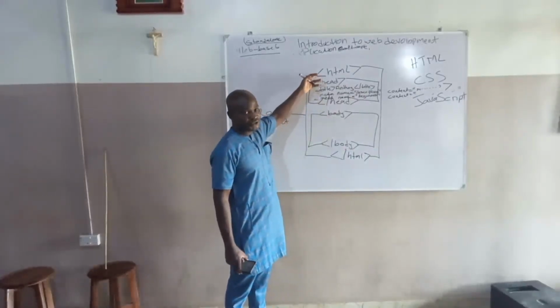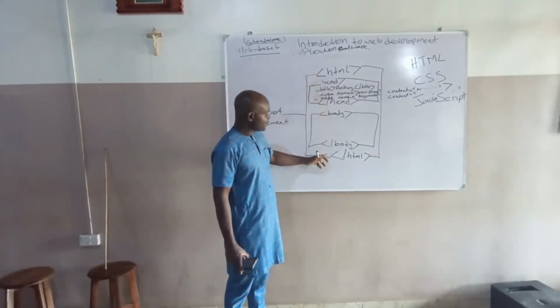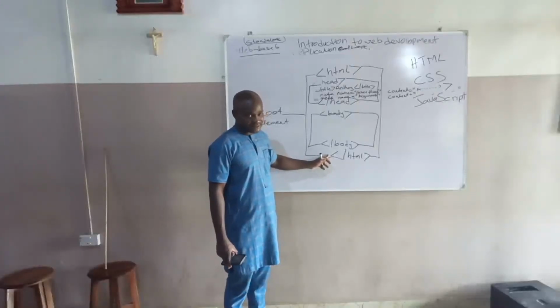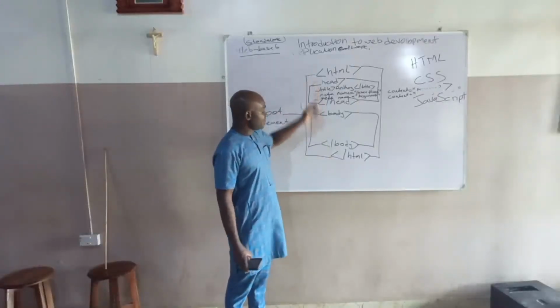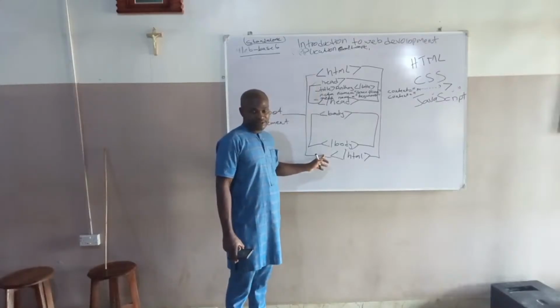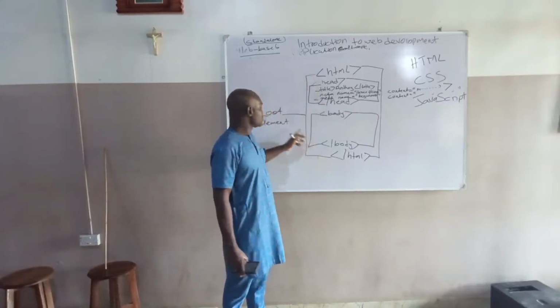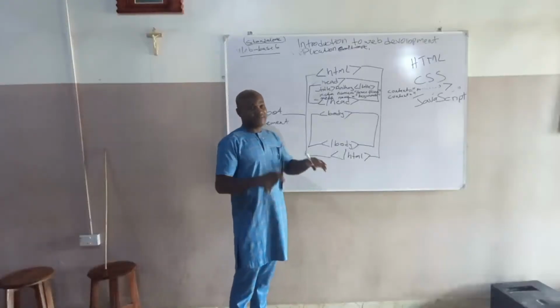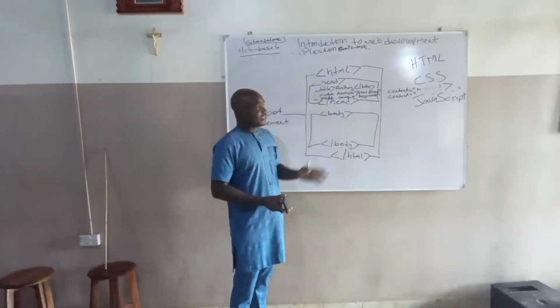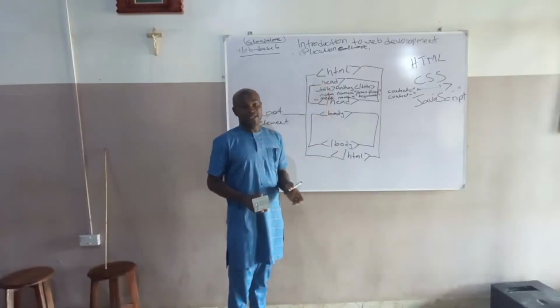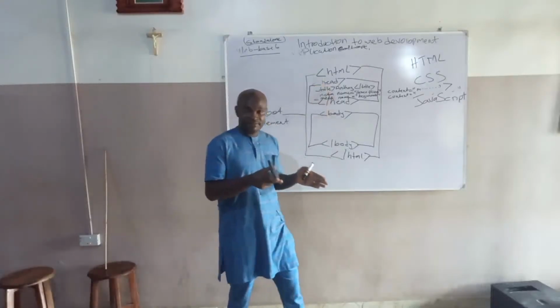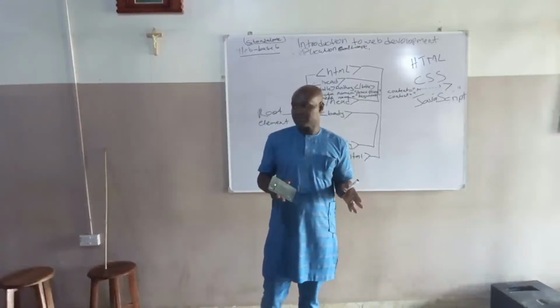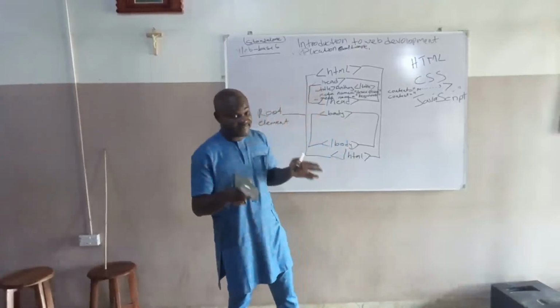This is HTML opening tag. And this is HTML closing tag. So this is HTML element. Now this is called the root element. Root is used to wrap every other element. And it is what tells the computer or the web browser, actually this is an HTML document. You understand? Or HTML file.